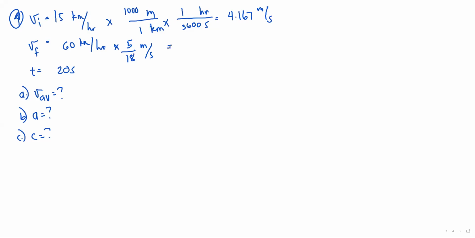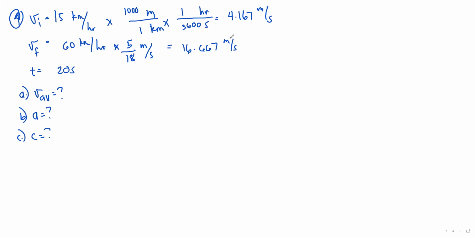Okay, 60 times 5 over 18 is equal to 16.667 meters per second. Tama ba? 1,000 divided by 36. Yes, that's correct.